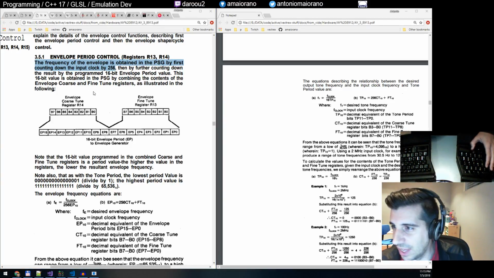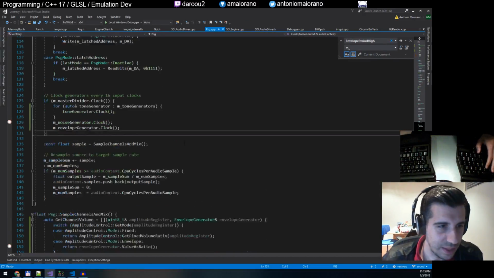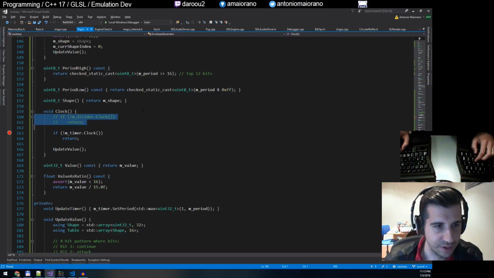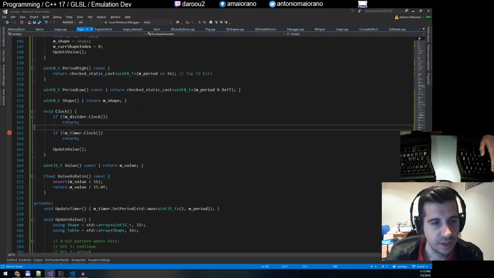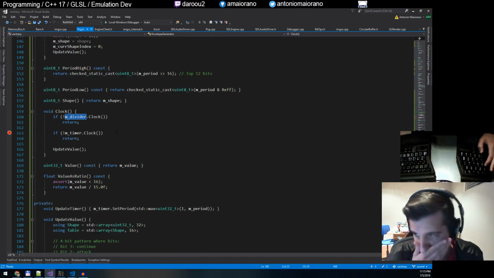And I just removed that. Technically what I had was correct, this divider here, because we have the master clock divider at 16 plus this one 16. I really don't get it. This would make it even longer, even slower, you know what I mean?